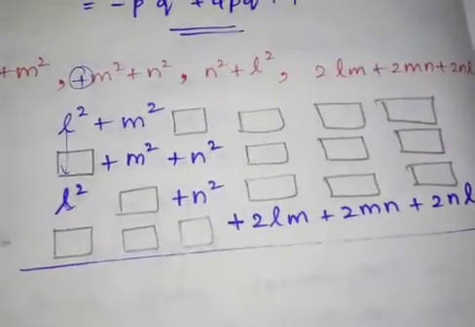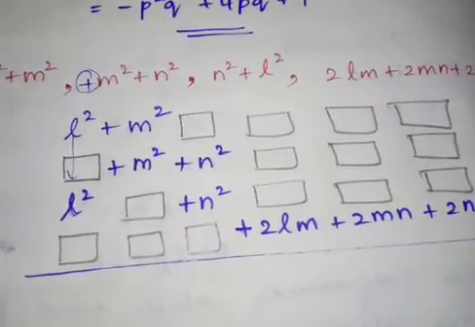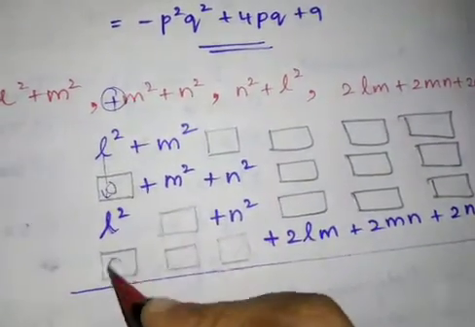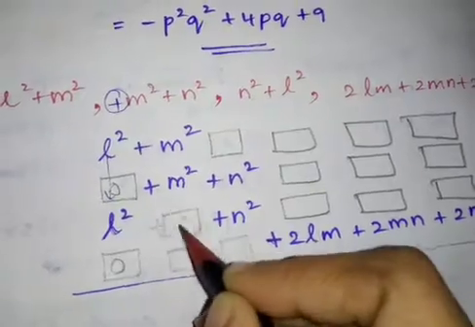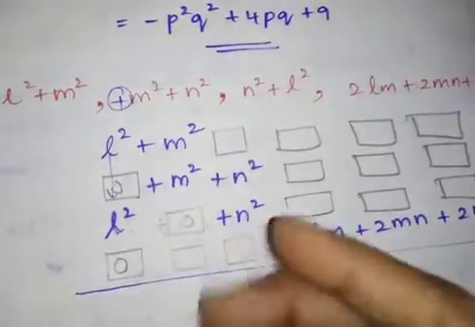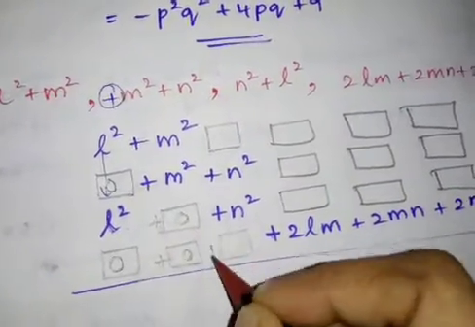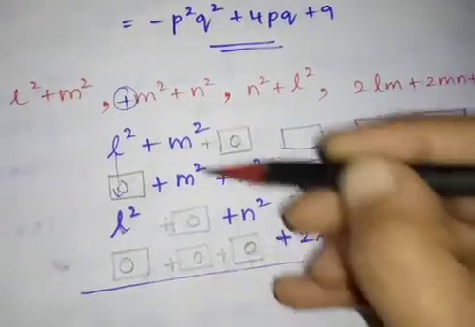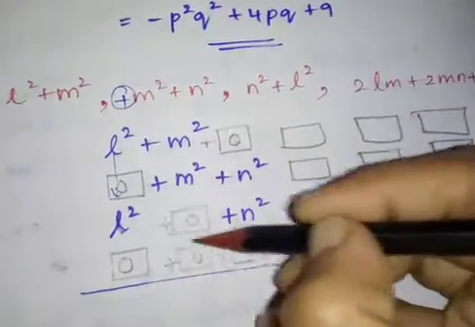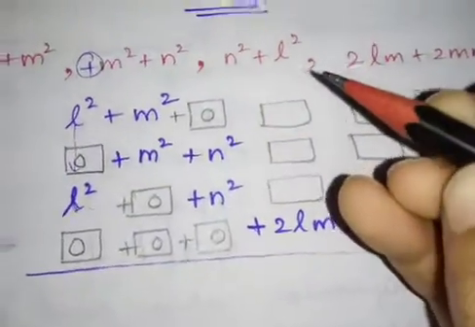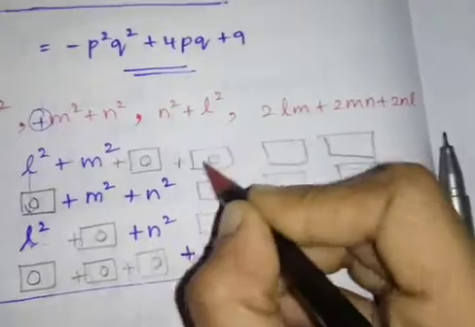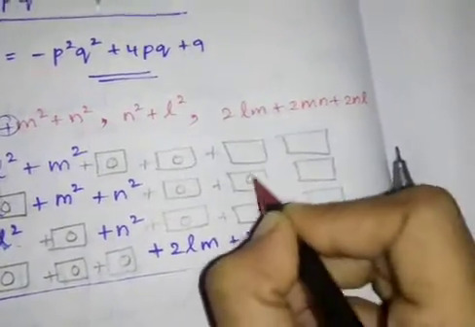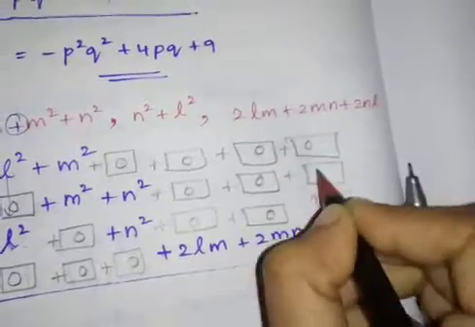You can directly write it without putting these boxes. If nothing is there, you will write 0. Here also 0. Here plus 0 you will put, correct? Because I want to separate everything, right? Plus 0, plus 0, plus 0. Here plus 0. Yes, because this is all one term. This is one term, this is one term. So I want to separate them, so I am putting plus 0. Next, here also the same thing. Plus 0, plus 0. Just put plus, because if you put plus, no harm in the equation.